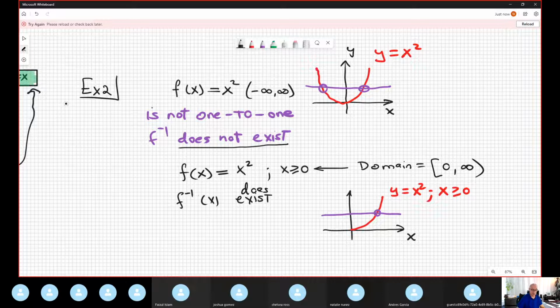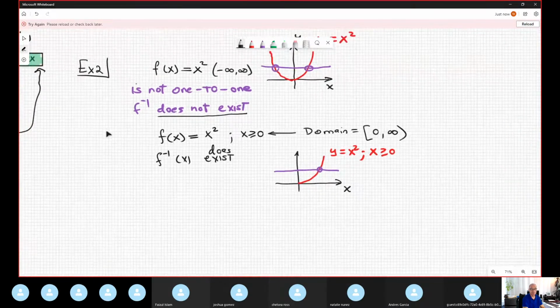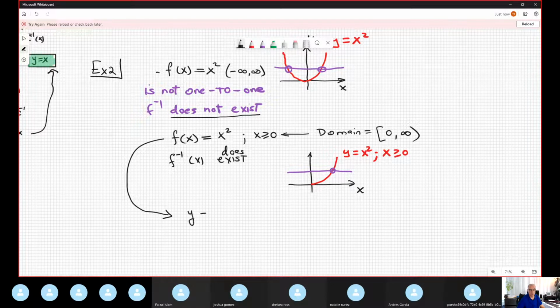Do you understand this idea or no? Yes. Okay, so what is the next step? Find the equation for the inverse. You take the original equation given here, and you replace f of x with y. This is always possible, because y and f of x are the same thing.